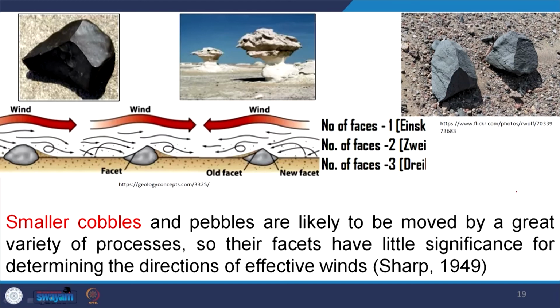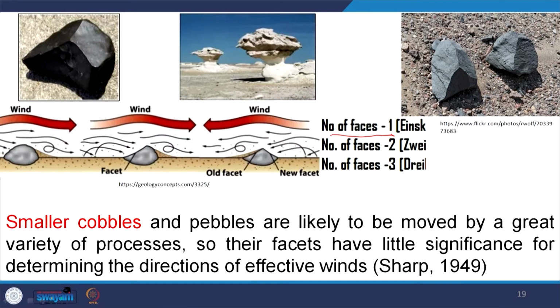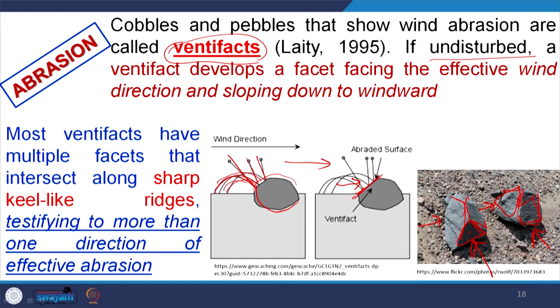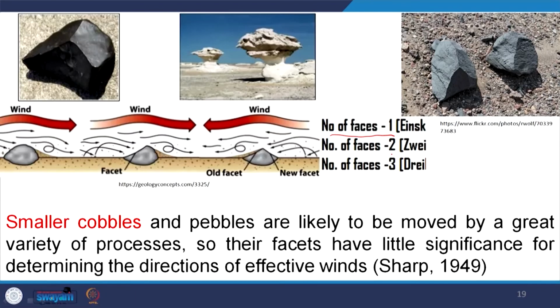If the number of facets is 1, it is called Einkanter, EIN, Einkanter. If the number of facets is 2, it is called Zweikanter, ZWEI, Zweikanter, and if it is 3, it is called Dreikanter. So these are simply the number of faceted faces on the pebbles.